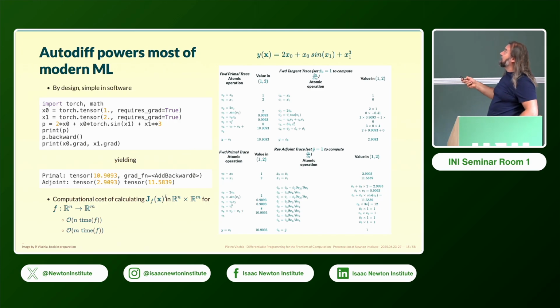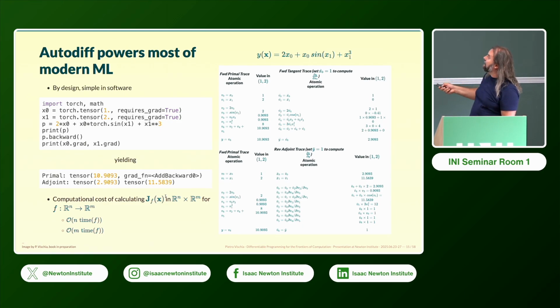Then if you want to differentiate with respect to an input, say x0, you can do that by calculating the derivative of each of these small steps. Since by construction each line depends only on quantities that are above, you can do that simultaneously and get the function and the derivative with respect to one variable at the same time.